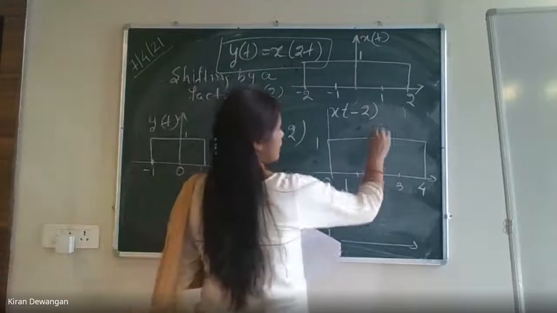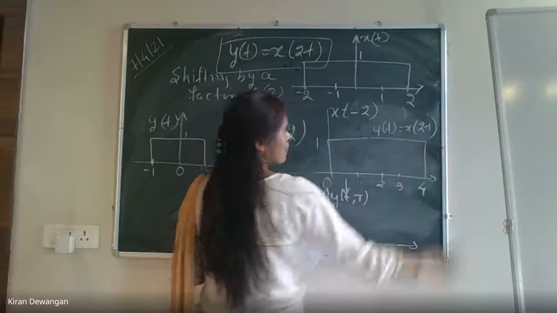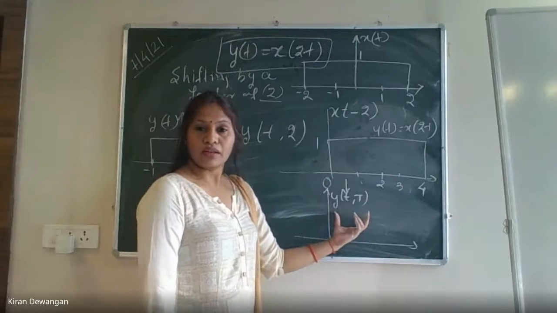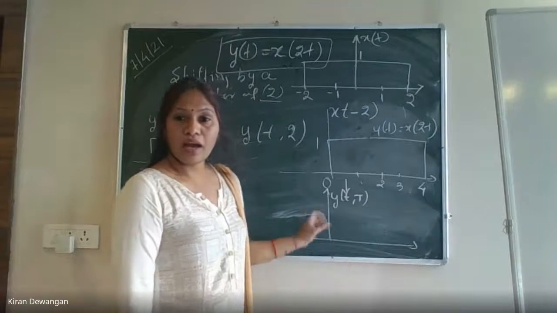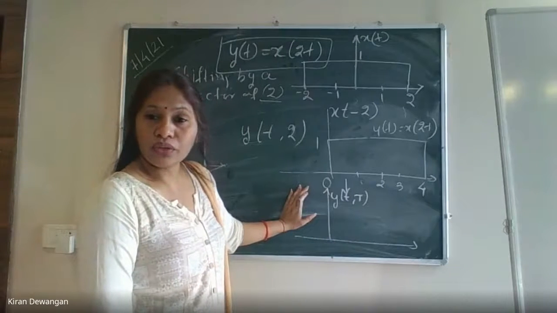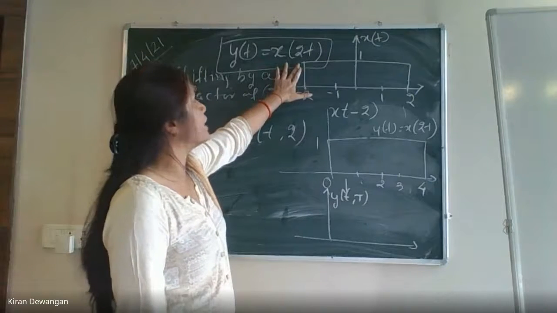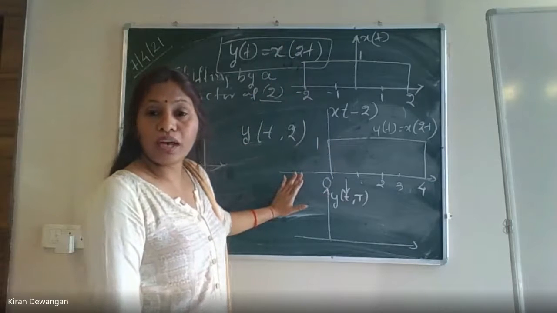If I apply y of t equals x of 2t, तो मेरा आउटपुट कैसा होगा, कहां से कहां तक होगा? Just give me the answer फटाफट स्टूडेंट्स. Why are we not shifting x of 2t minus 2? x of 2t है, ये तो हम बाद में करेंगे, this is graphically we are doing it.